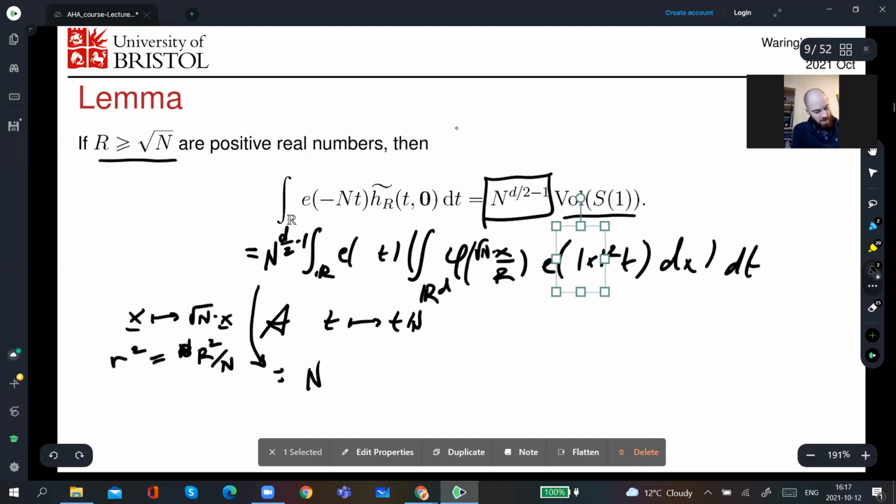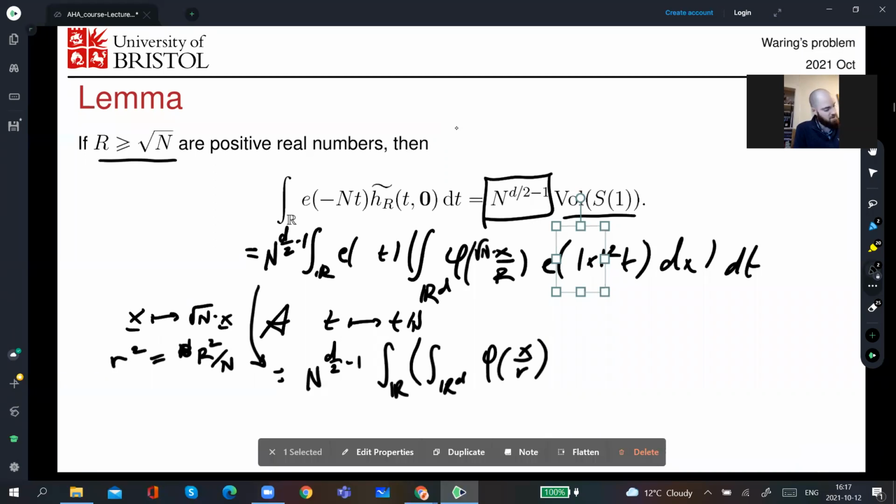So that the above is actually equal to n to the d over 2 minus 1 times the integral over r, and integral over r^d, phi of x over little r. And also little r is going to always be greater than or equal to 1.